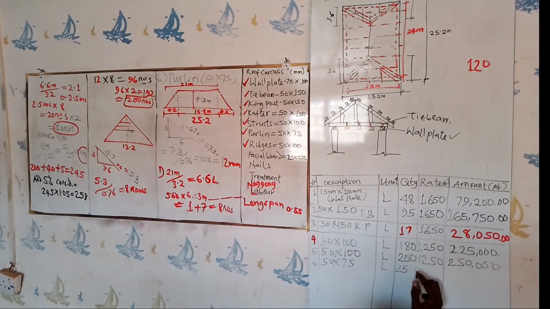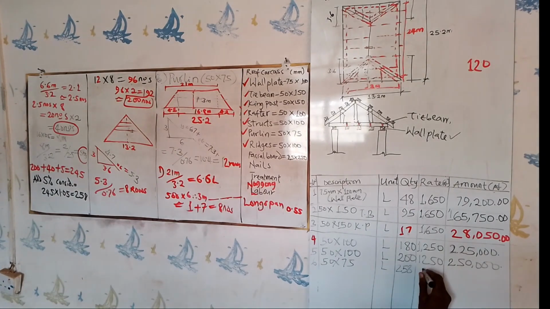So 258 times the price of our purlin, 2 by 3. Some people give us 750, some people 800, but you gave 850 or so. Let me check.